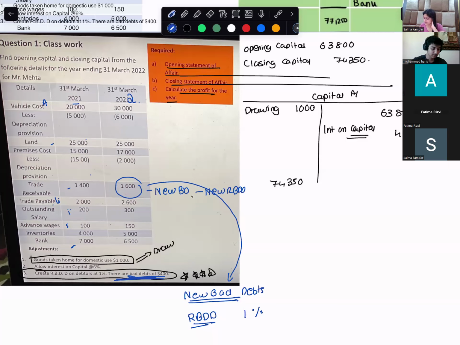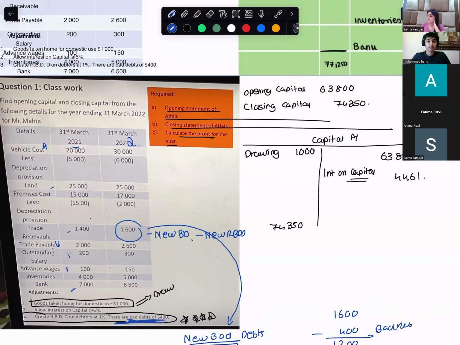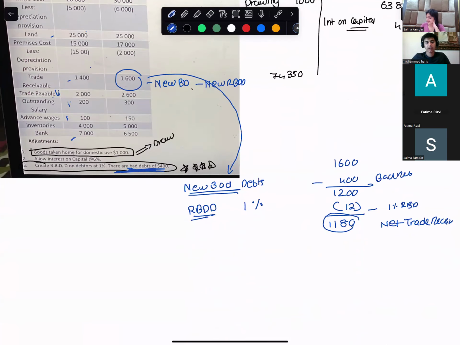So 1600 was your trade receivables. Minus 400 is your bad debts. So it comes up to how much? 1200. Minus 1% is your RBDD. So your RBDD will become how much? 12. Can you give me your NTR, net trade receivables? 1,188.